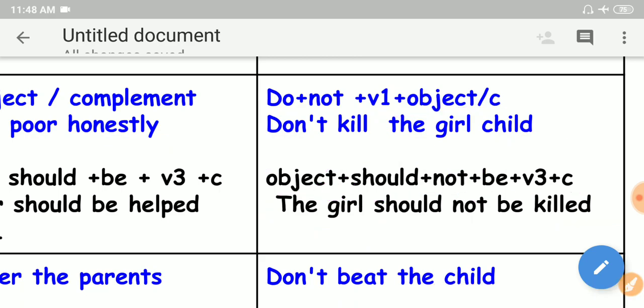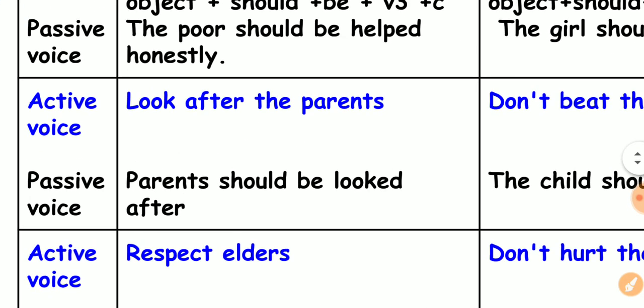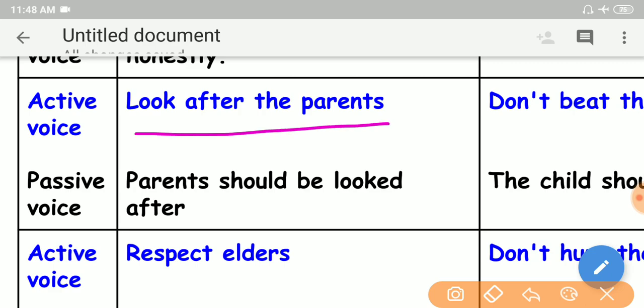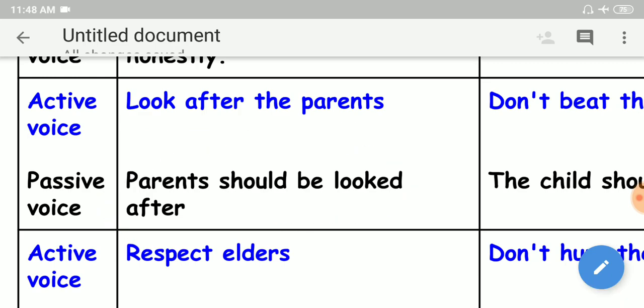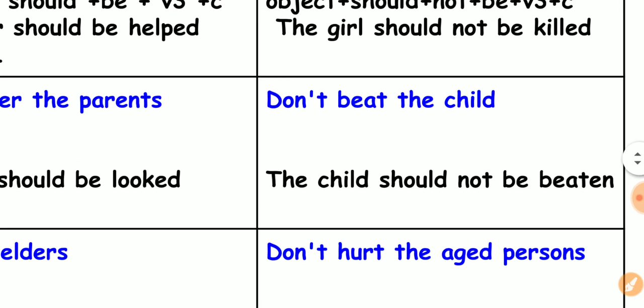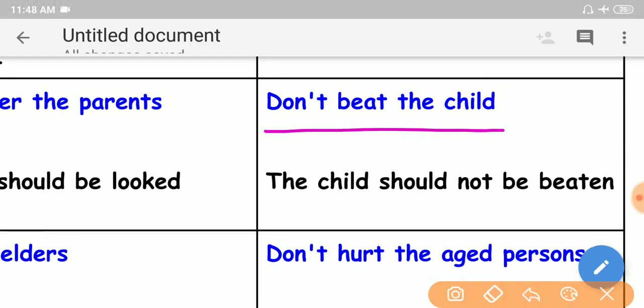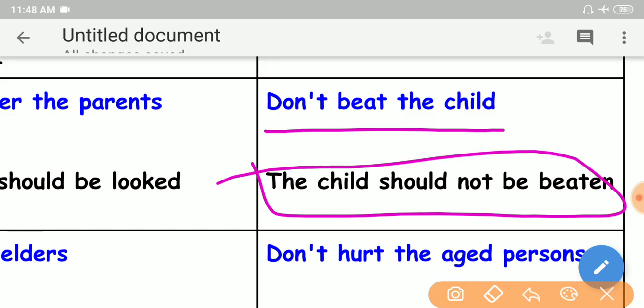Let us go and learn such examples. Look after the parents. Parents should be looked after, my dear friends. Like this, don't beat the child. The child should not be beaten. "Let the child not be beaten" is also correct, but the most appropriate one is "The child should not be beaten," my dear friends.